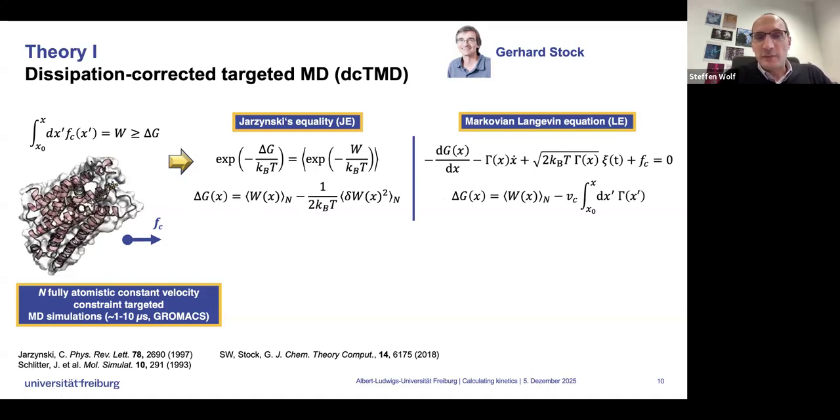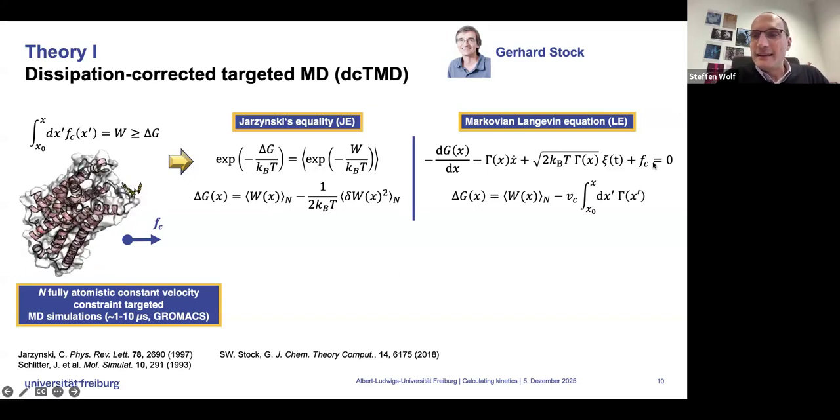Now, if we want to interpret this kind of simulations in the framework of a Langevin equation that we want to employ later for performing simulations, we could say that we should be able to simulate the same kind of dynamics from these pulling simulations in the framework of this Markovian Langevin equation, and then this pseudo force, or the constraint force, would be added to all the other forces which are appearing in the system.